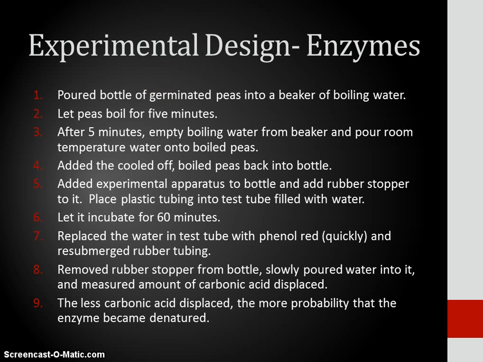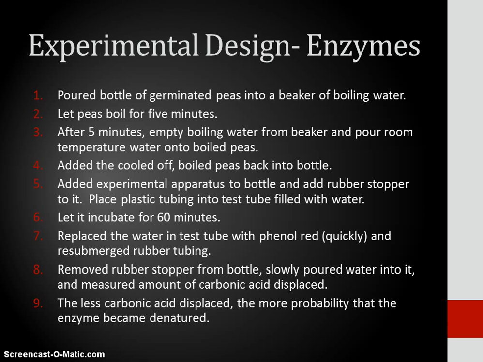This is our experimental design for our enzyme experiment. First we poured a bottle of germinated peas into a beaker of boiling water and we let the peas boil for 5 minutes. After the 5 minutes was up, we emptied the boiling water from the beaker and poured room temperature water onto the boiled peas. After they cooled off, we poured the peas back into the bottle.